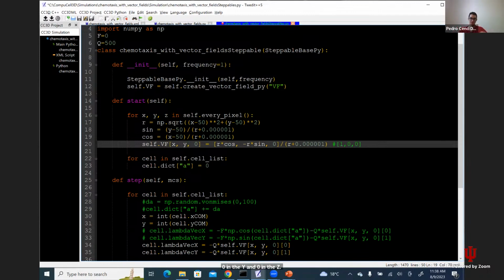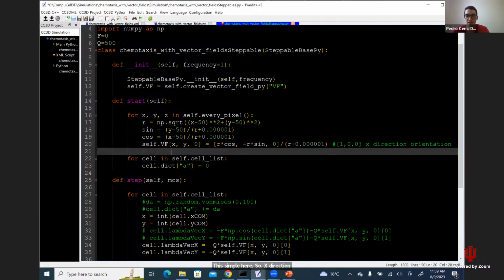So this could represent, for example, an external scalar matrix with orientation in the x direction. This is simple here. So x direction orientation. Very simple, right? You could, for example, orient it towards the y direction. How would you do it?